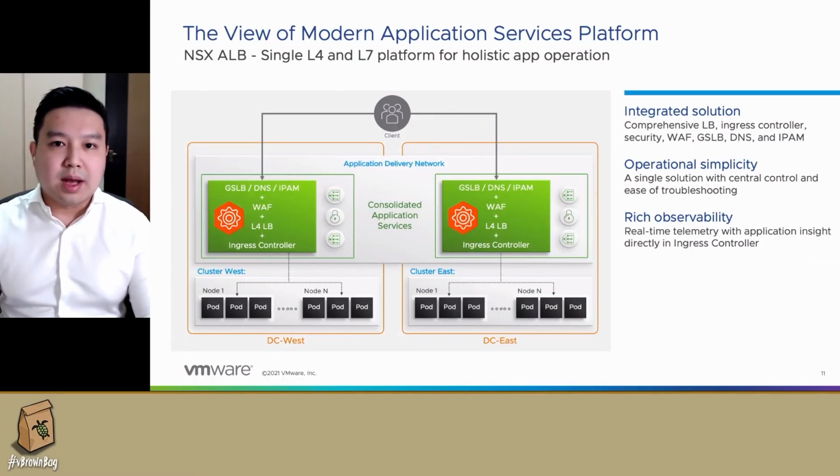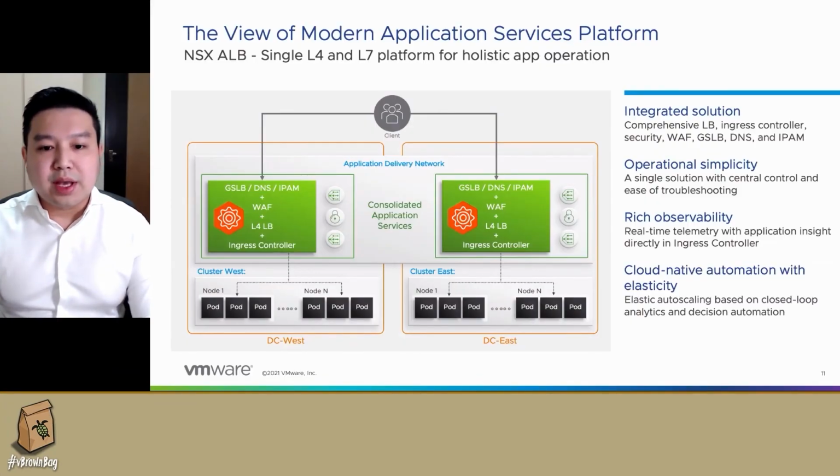So telemetry such as client round trip time, server round trip time, how much time it takes for the application to respond back to the client, and the time taken to fulfill the client request are all important metrics and valuable to track, and valuable as well to measure the user experience. So observability in terms of client traffic is built into the Ingress controller.